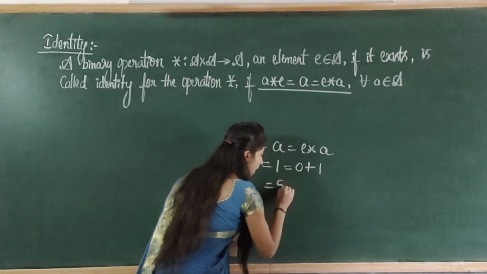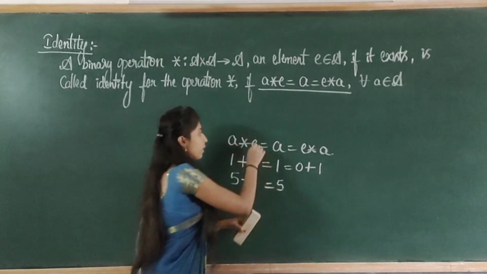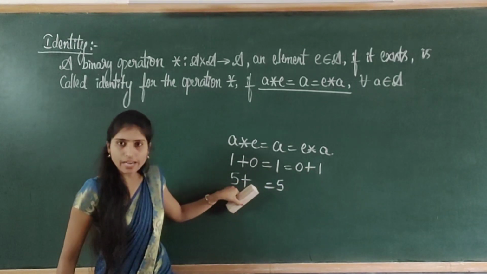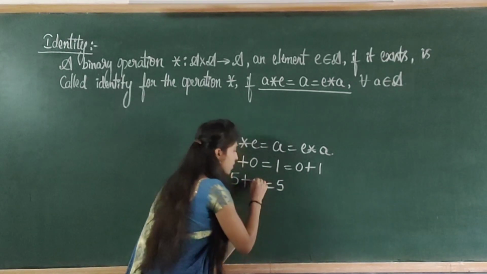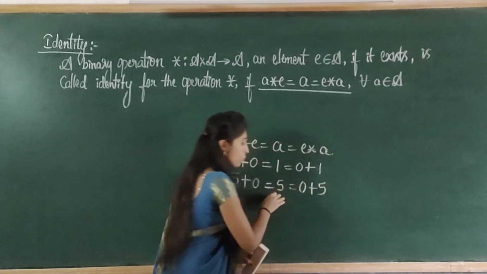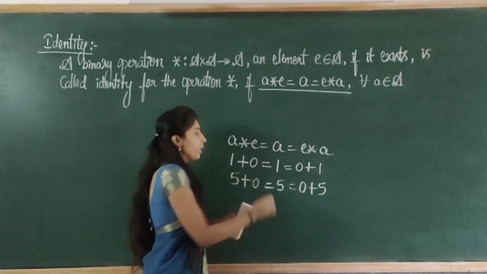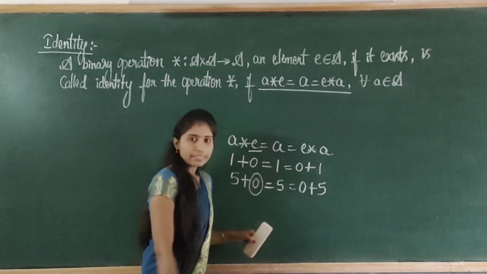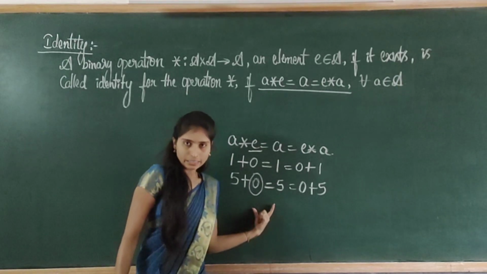What number do you have to add as identity element to get the same number 5? If I put 0, then only you will get 5. Here also 0 plus 5 you will get 5. So here E is the identity element. In addition, 0 is the identity element.